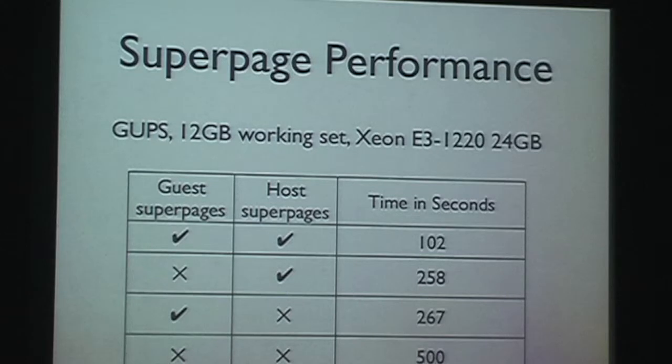The amount of traversal is the same. You have 2 megabytes on one and 4K on the other, and that's just reversed, except for the way TLBs work, with the combined mapping TLB that I mentioned, which is guest virtual to host physical. That should do the entire translation, whereas if you have it the other way around and you don't have super pages in the guest, you only have a 4K translation.